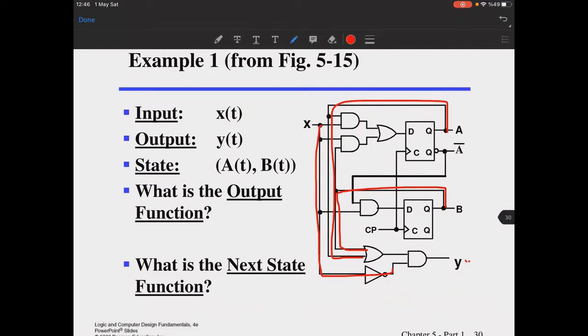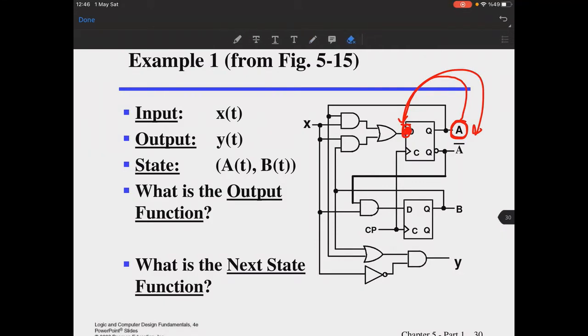And what about your A(t+1) here? A(t+1) is waiting right here, but what is this? Because at the next clock pulse, this one will be active here. So you focus particularly on what we have here as the next state.